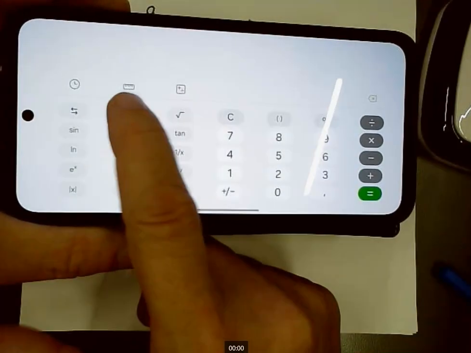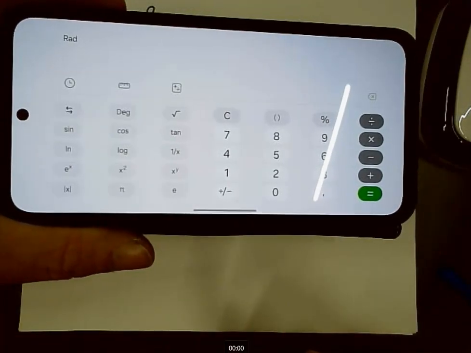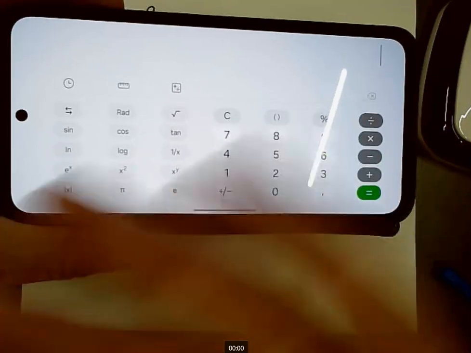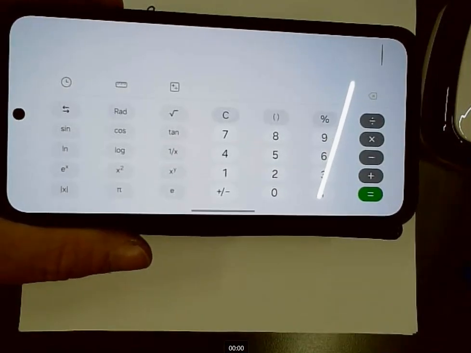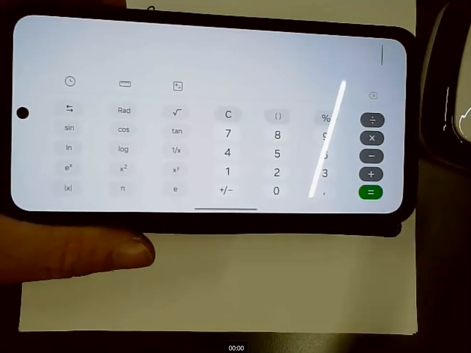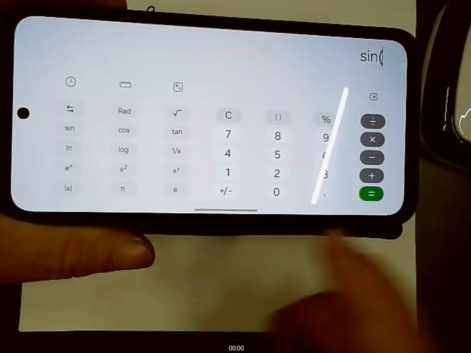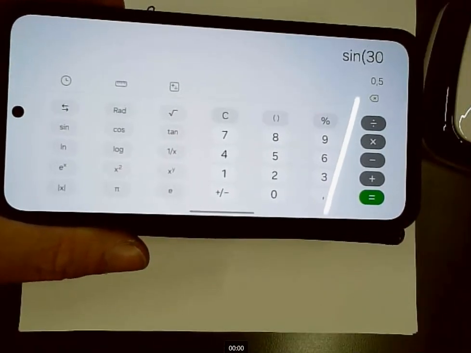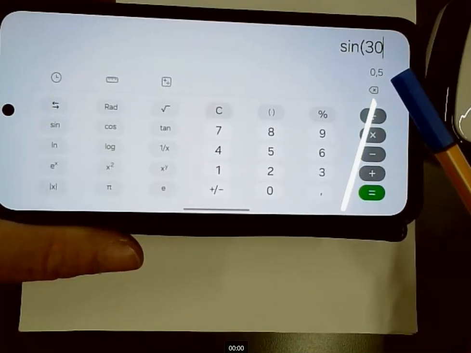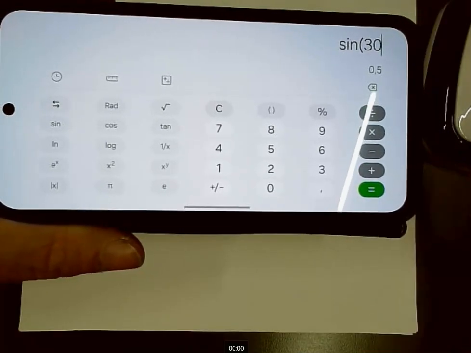I may push that. Now it's deg, and for me, if I can't see any units there, I would think that now it is in radians. But when I calculate sinus 30, it will give 1/2. This is, in my opinion, very stupid.